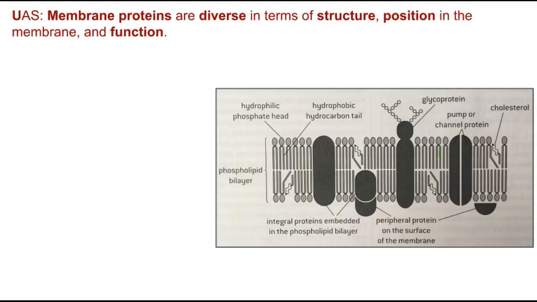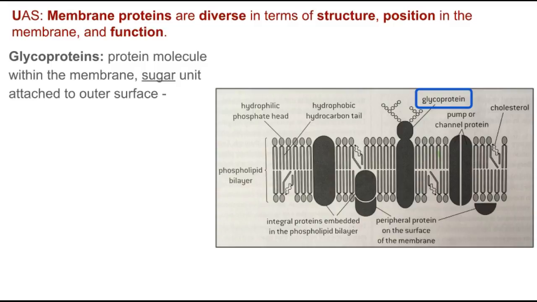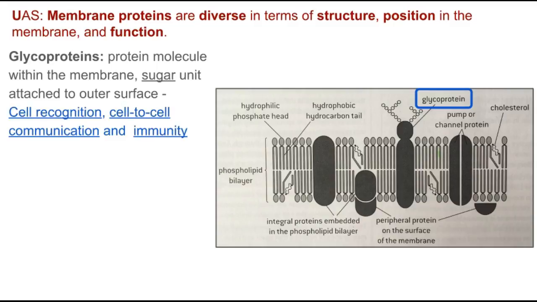Again, we go back to our basic diagram here. The first protein we'll look at is the glycoproteins. Glycoproteins contain a protein molecule within the membrane itself with a sugar unit attached to the outer surface. These are really important for cell recognition, cell-to-cell communication, and also in immunity.